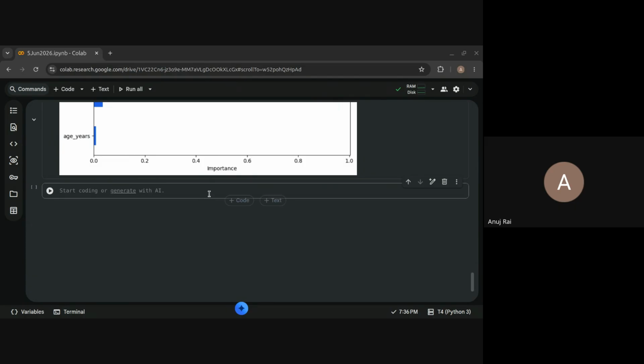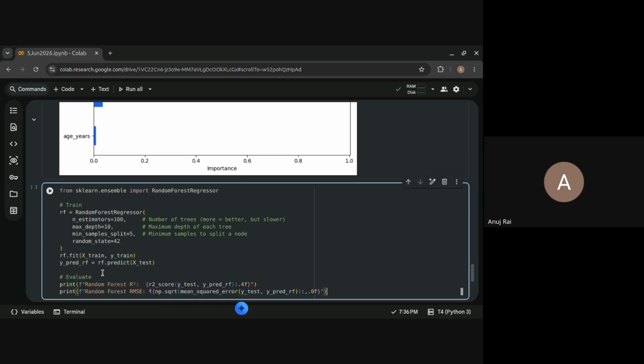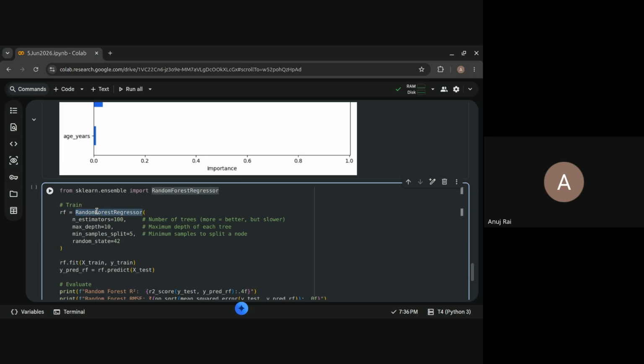So first from ensemble we import RandomForestRegressor, and then the steps are the same. We first create the random forest regressor.